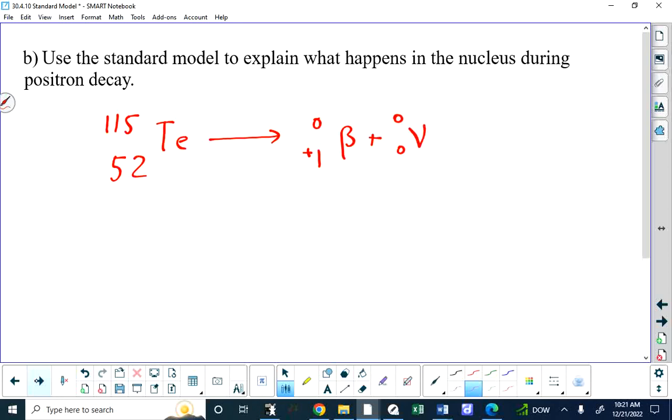using nuclear notation. And you should be able to figure out what we have left. This is nothing new again. Top number, which is nucleons, has to total 115. Bottom number, which is charge, has to total 52. So during the positron decay of tellurium 52, you get Sb 115.